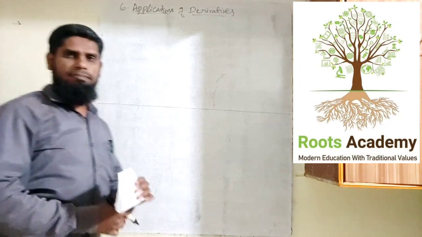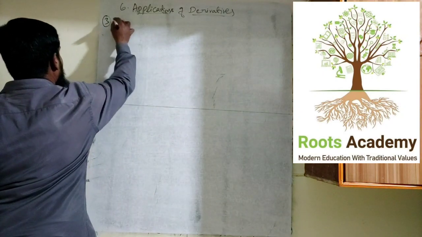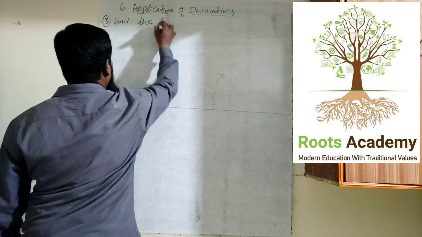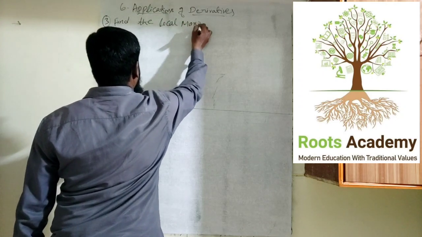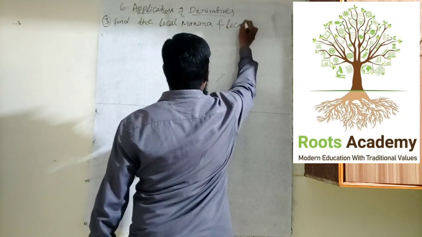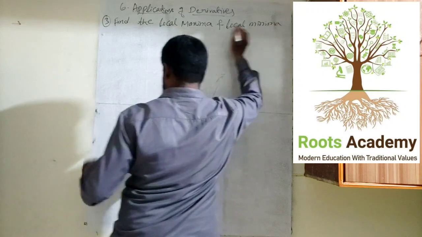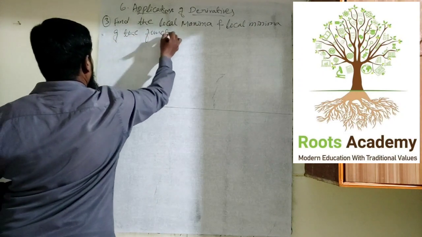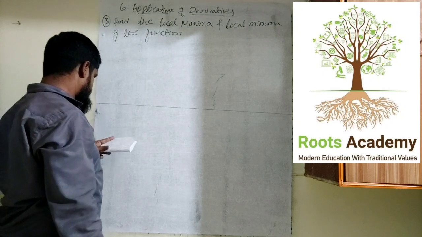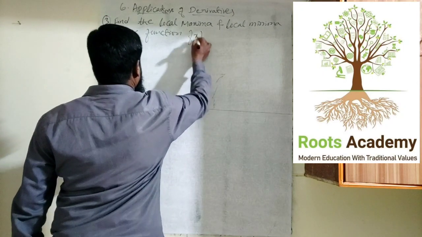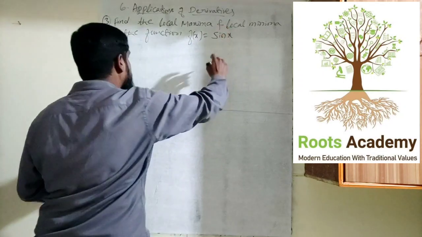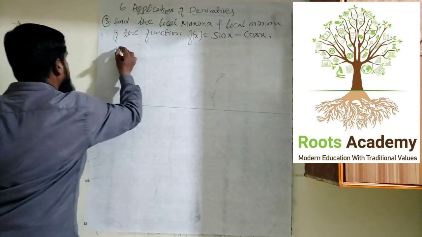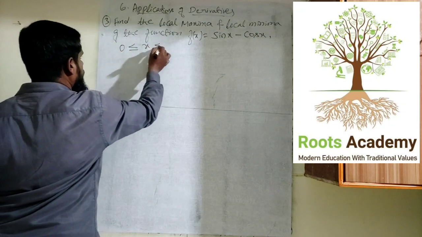Okay students, now let us go to the next problem. Find the local maxima and local minima of the function f of x is equal to sin x minus cos x, where the value of x is from 0 to 2 pi.